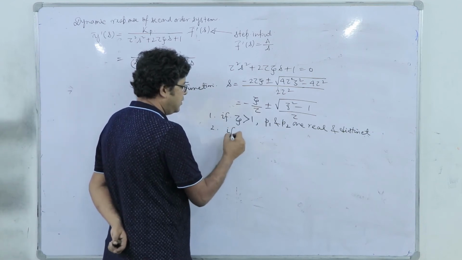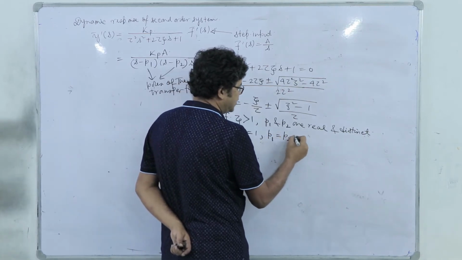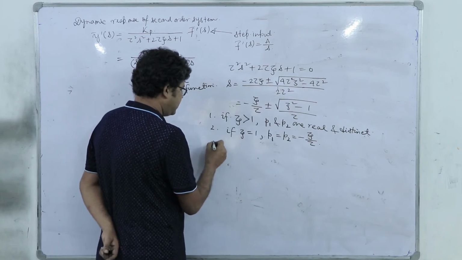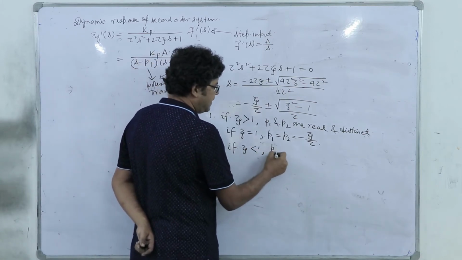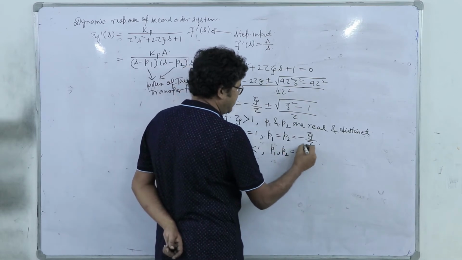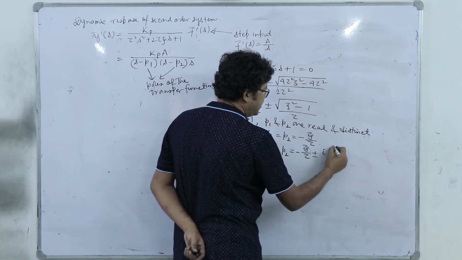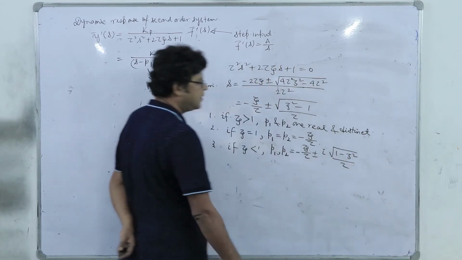Now case 2, if zeta equal to 1, P1 and P2 both are equal to minus zeta by tau. And case 3, if zeta is less than 1, then P1 and P2 will be minus zeta by tau plus minus i into square root of 1 minus zeta square by tau, right.